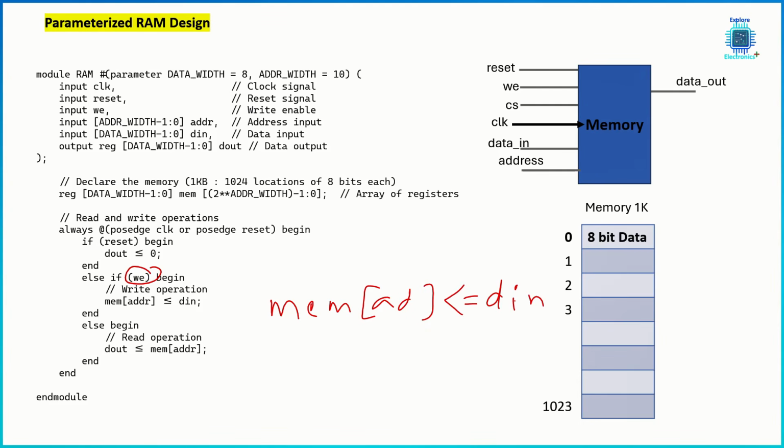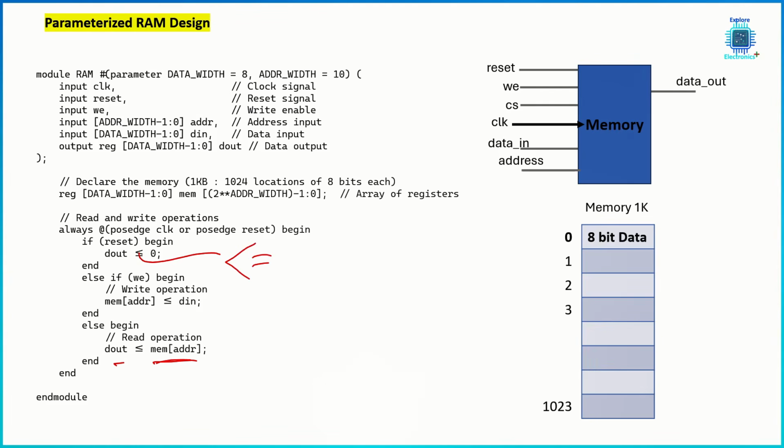This is the write operation. Else, we are checking for write enable equal to 0. In that case, we will take memory of address and assign it to D out. Here these operators are non-blocking operators. It is misprinted like this. Please treat this as less than or equals.